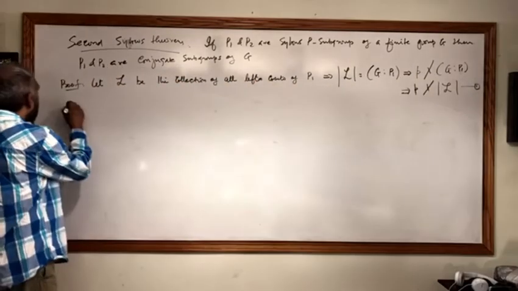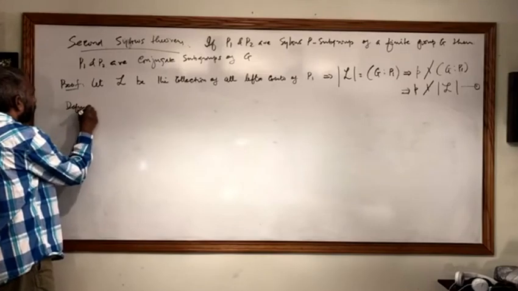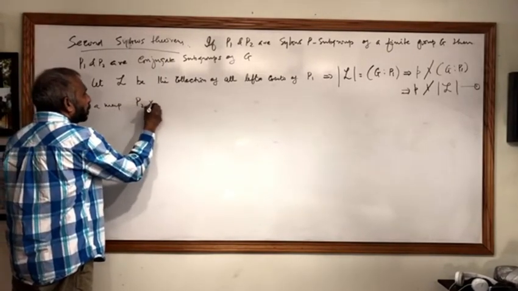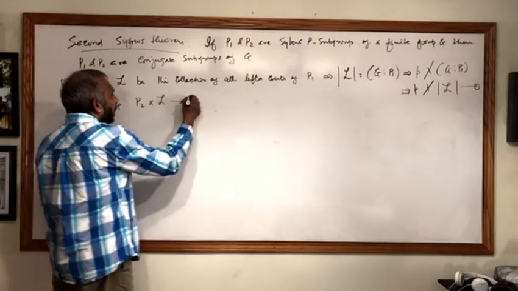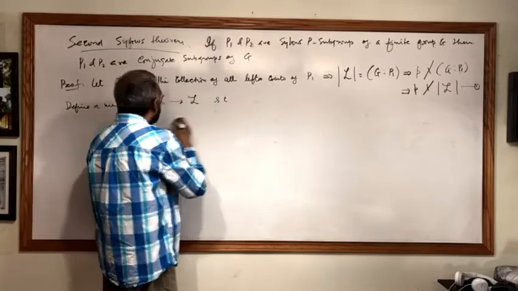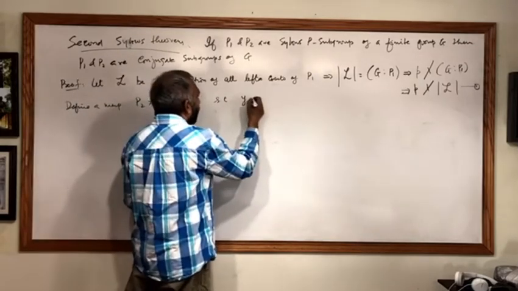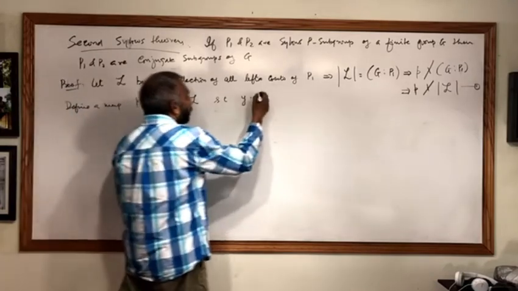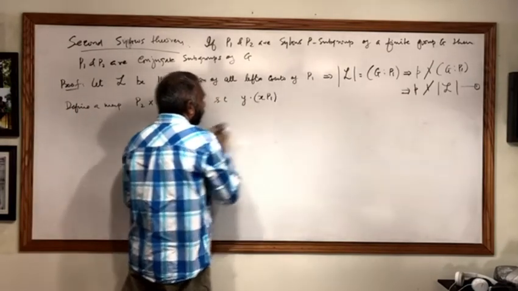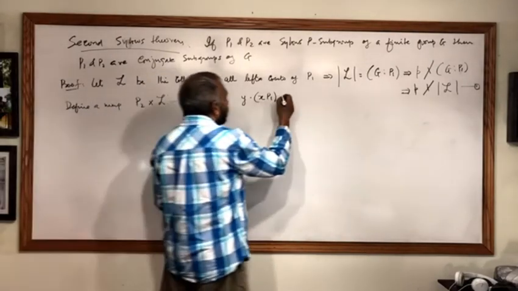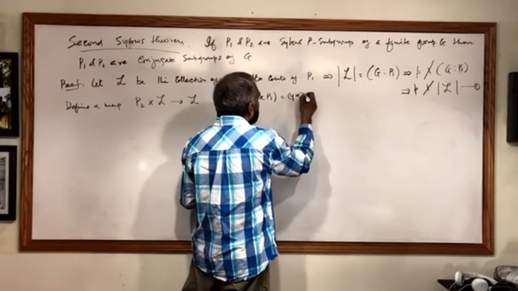Now define a map from P2 cross L to L such that y times the elements in L, which are of the form x P1, a left coset of P1, is equal to yx P1.